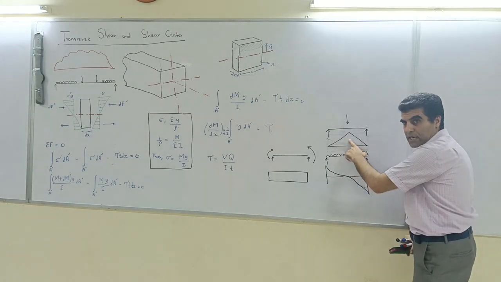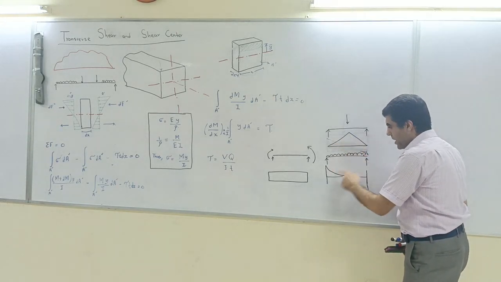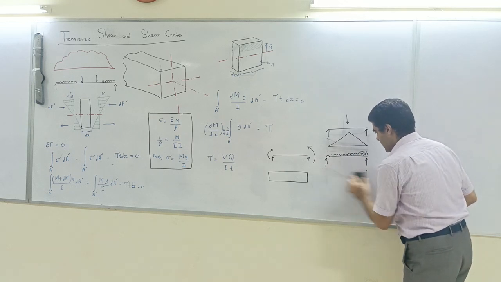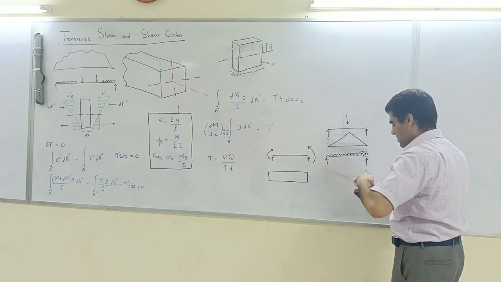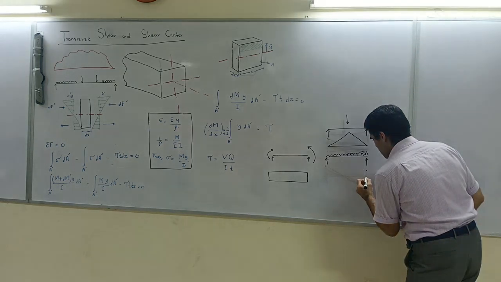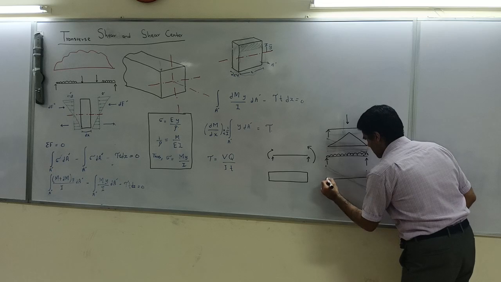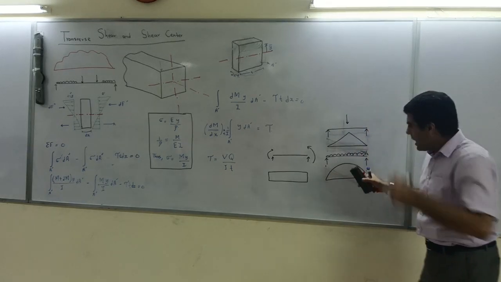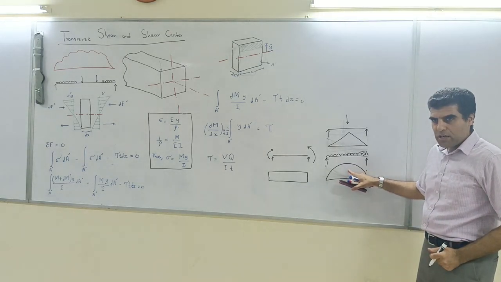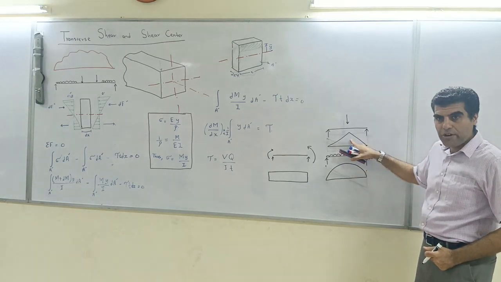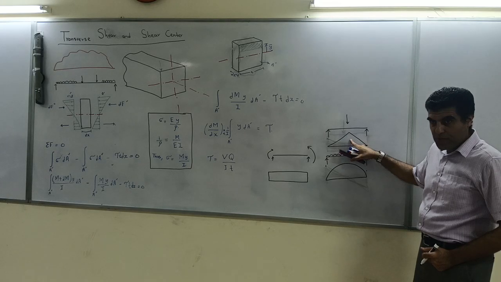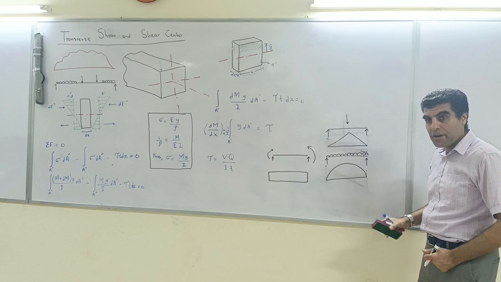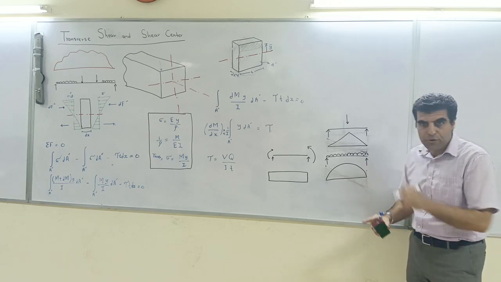this is my moment diagram, and that is also varying. This is the moment diagram for UDL. This is the moment diagram for a concentrated load on a simply supported beam, and both of them, you see, there is some variation always in the moment, and that's why you have got shear force.